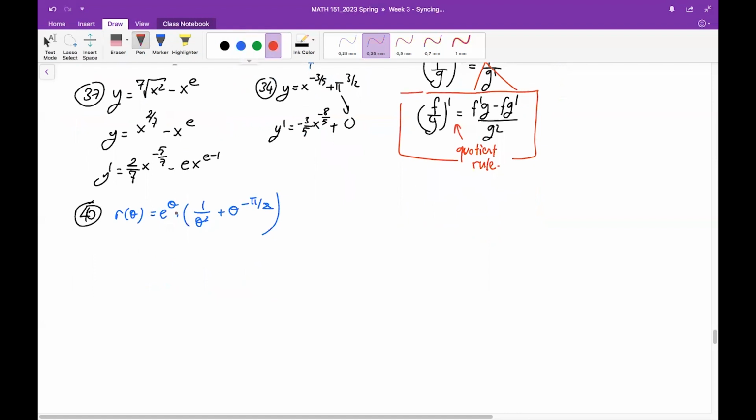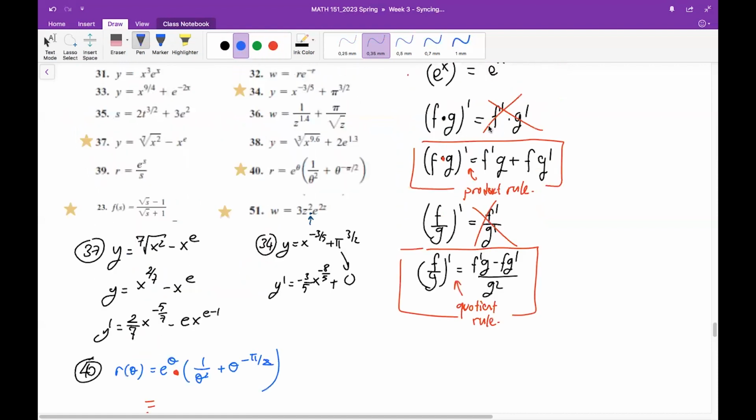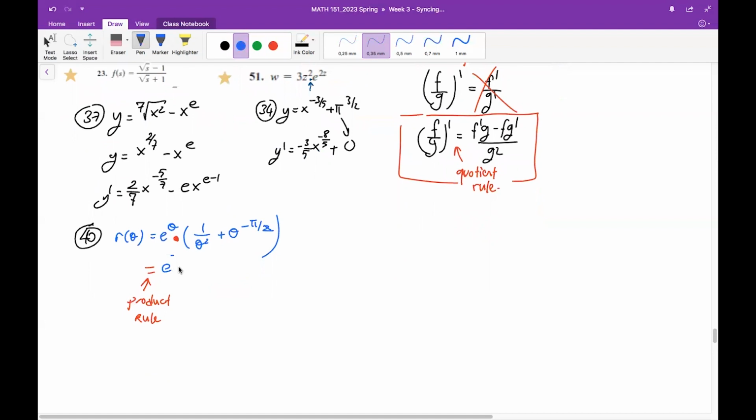You know, this is a product. That's why we have to apply product rule. Product rule. So derivative of the first function, derivative of the exponential function is itself. So itself. Then you write the second function directly as it is without changing anything.